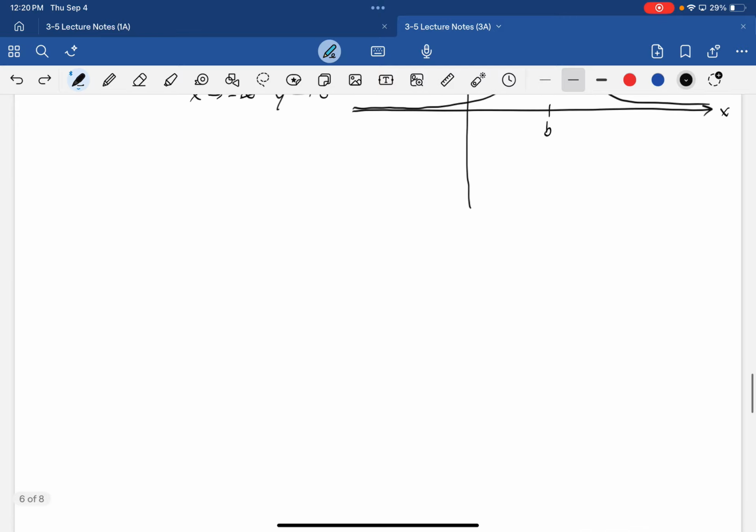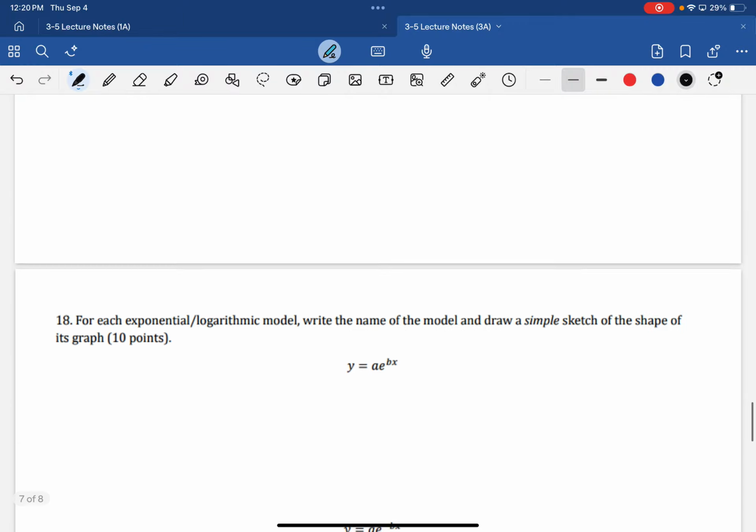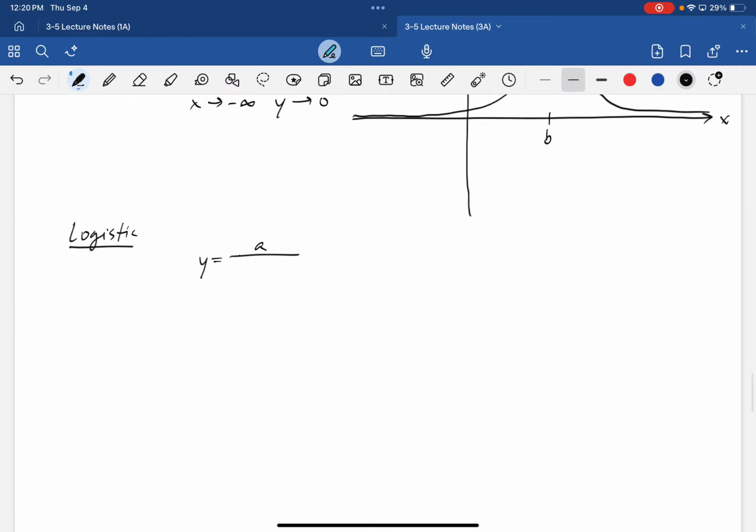All right, second function to know, the logistic function. That is y equals, I can never remember what they have here. y equals a over 1 plus b times e to the negative, what is it, rx? Okay?